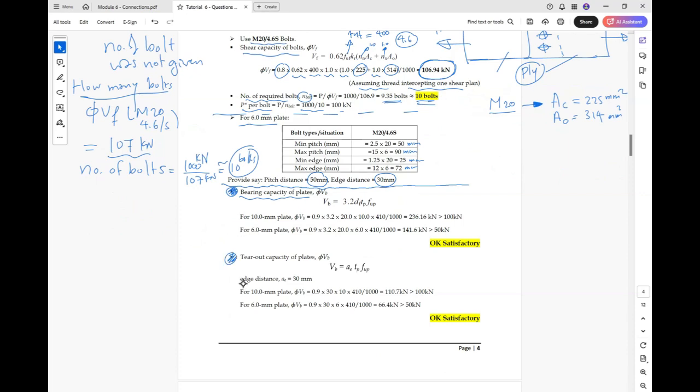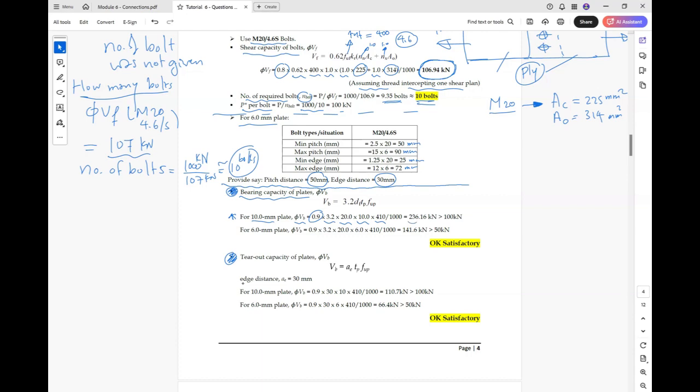So for the bearing capacity, phi VB, where VB is 3.2 DF T plate FU ultimate. So for the 10 mm plate, phi VB is 0.95 times 3.2 times DF is 20, T is 10 mm, FU is 410.